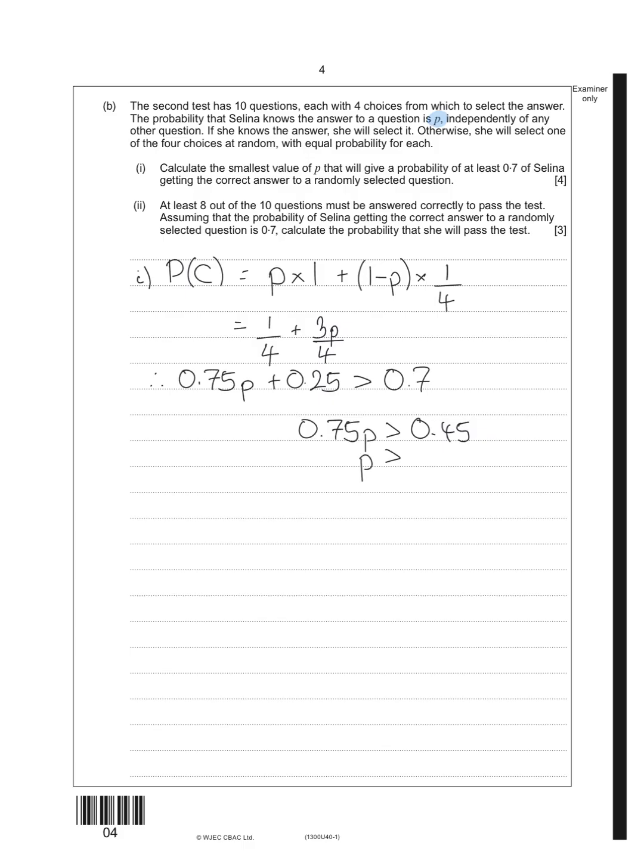P is greater than 45 over 75, which is 0.6, I think. Took my calculator on, 45 divided by 75 here. So P is greater than 0.6. Therefore, min value is P is equal to 0.6.